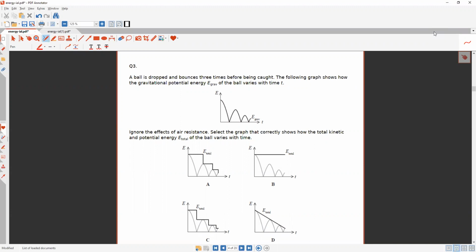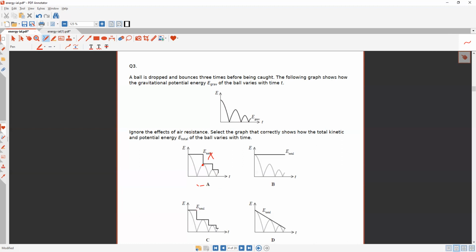Clear? So now you know each time it is bouncing, the energy is lost to the surroundings. So your total energy is also lost to the surroundings. So overall your total energy should decrease only when it is bouncing. Otherwise total energy is always constant. Now A could be the answer, but the problem is it is not bouncing, it is at the maximum point. So this is wrong.